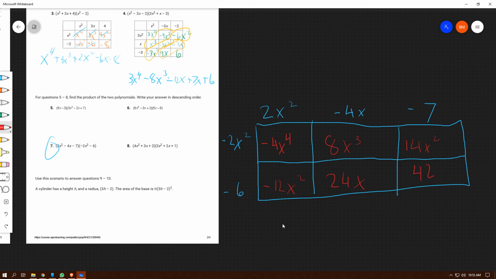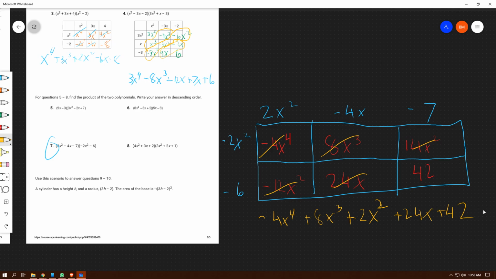I'm just going to combine my like terms. So we got a negative 4x to the fourth. Then my cubes, I only have one cube, 8x cubed. And my squares, it's going to end up only being 2x squared. Then 24x plus 42. There we go.